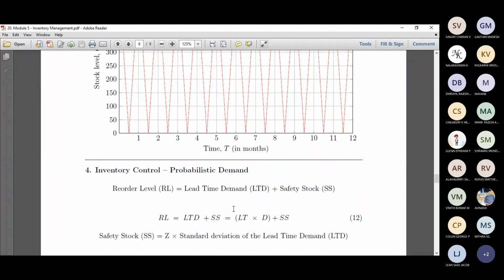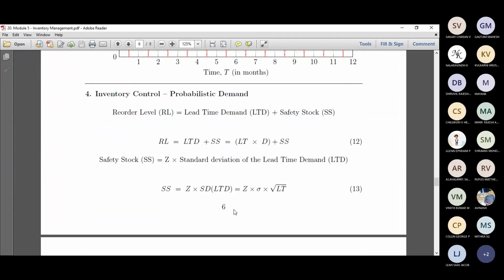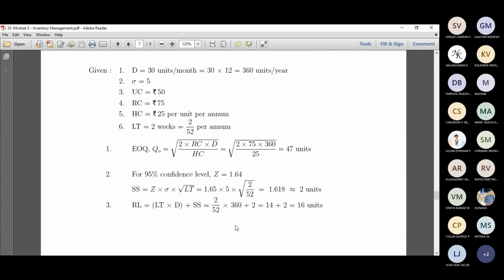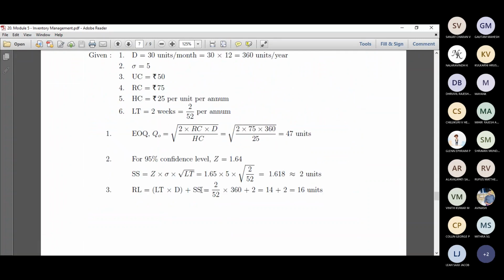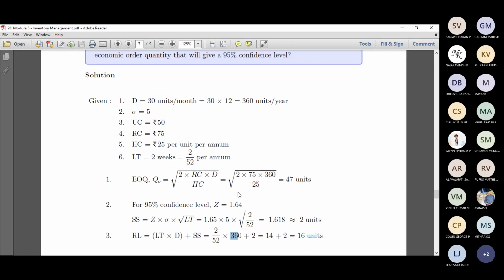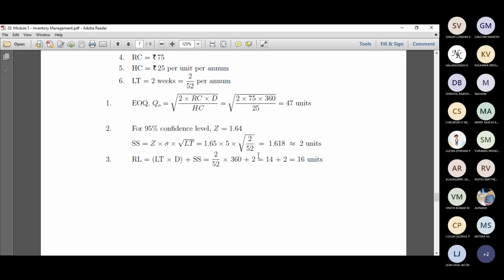So 2 over 52 multiplied by 360, which is the average demand, plus the safety stock of 2, which equals 16 units, right?